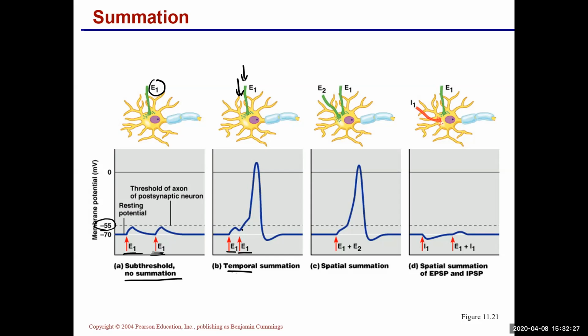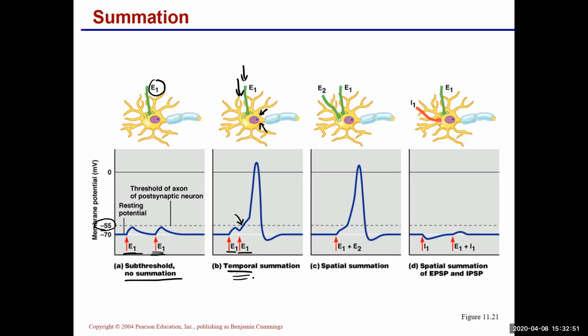So this is adding up now. Because it's adding up, it's reaching the threshold, and as a result, that's enough to open up the sodium voltage-gated channels that are predominant in the axon hillock, and therefore the action potential is firing in this case. This is called a temporal summation.